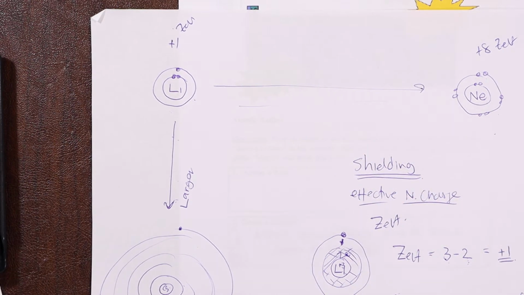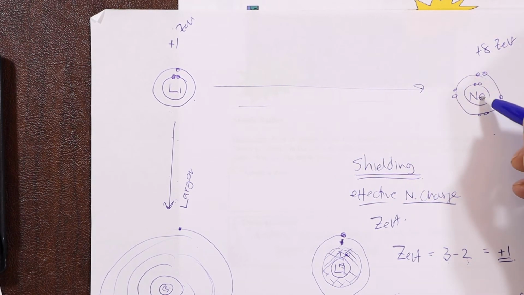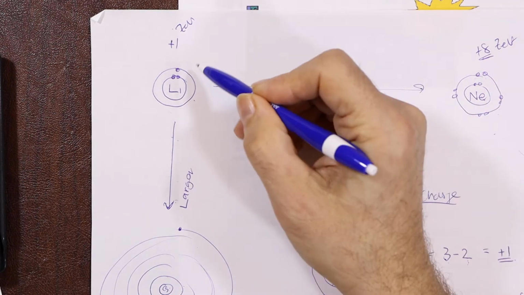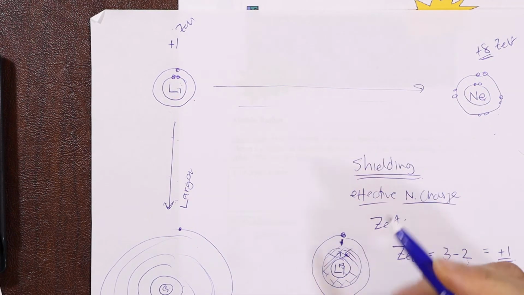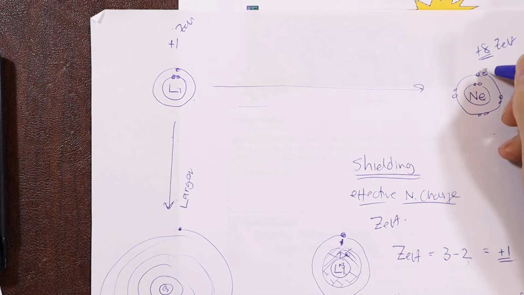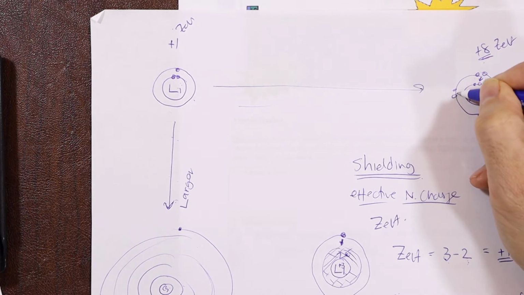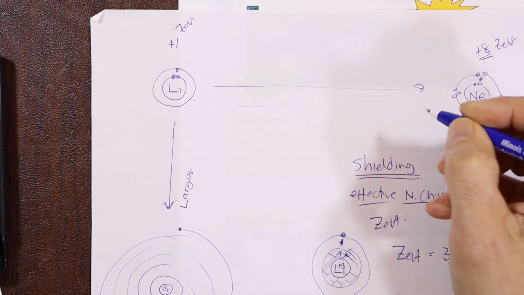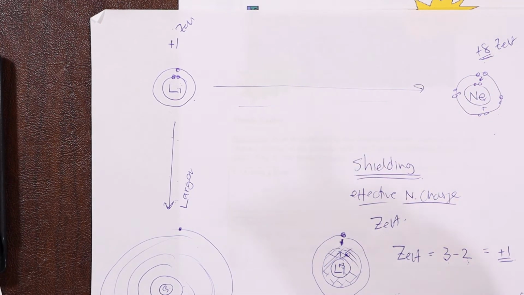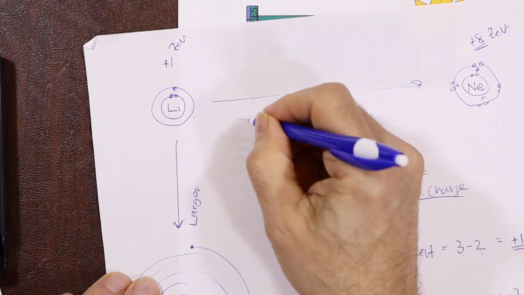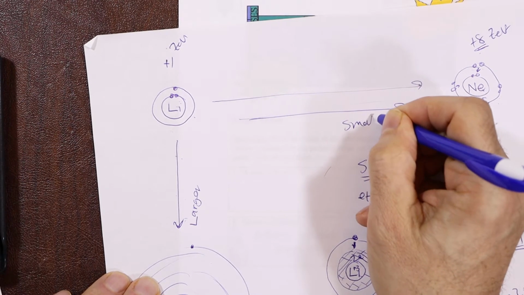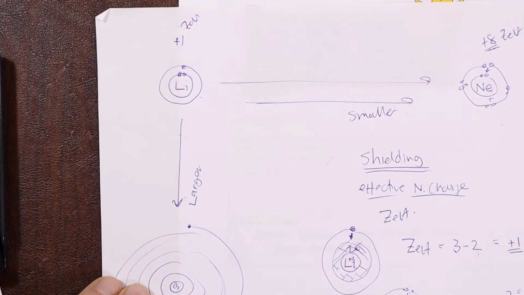Now think about the effects of that. If these electrons see a +8 nucleus rather than this one that sees a +1, which are they more attracted to? They're more attracted to the +8, aren't they? So they actually squish in just a little bit. So across any row, we see this very minor contraction in size. So across a row, atoms actually get smaller.